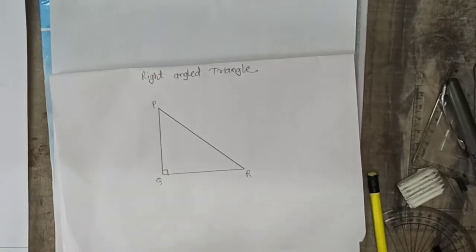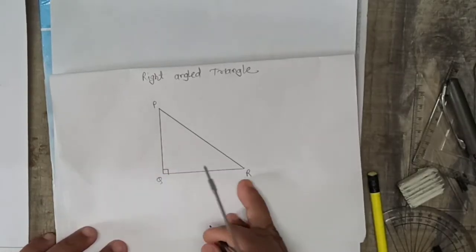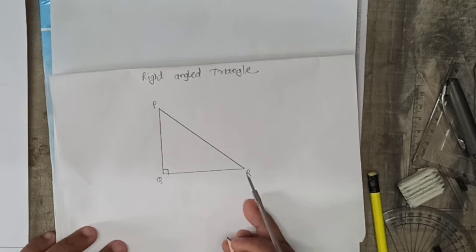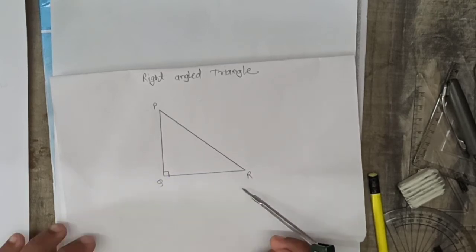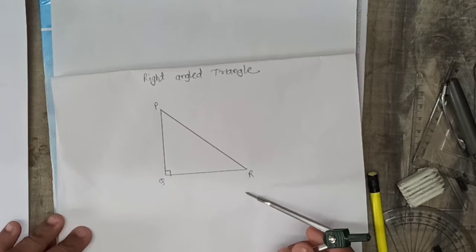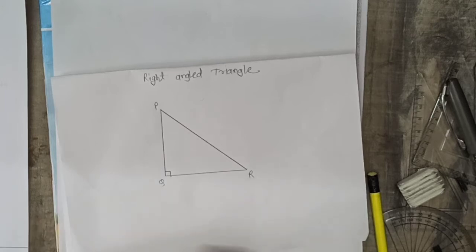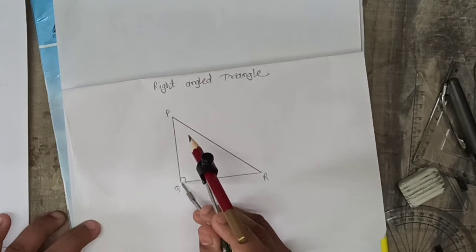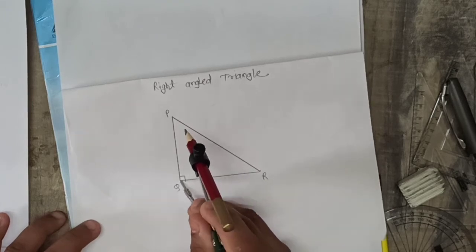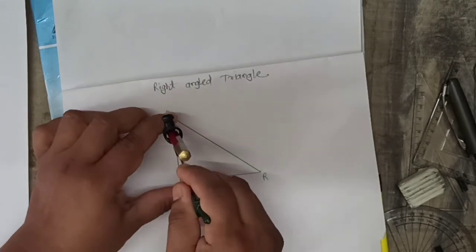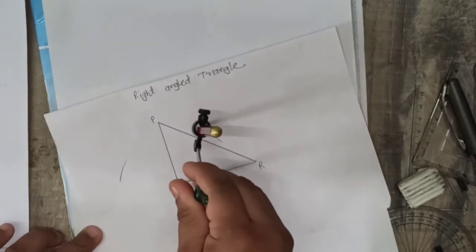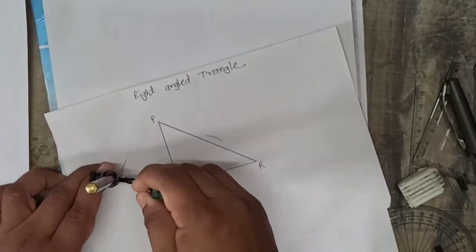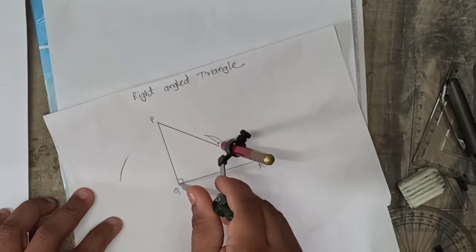Now we will draw the perpendicular bisectors of a right angle triangle. This is a right angle triangle PQR, and we are going to find out where the point of concurrence of all the perpendicular bisectors of this right angle triangle is located. So take Q as center and draw an arc on both sides of PQ.